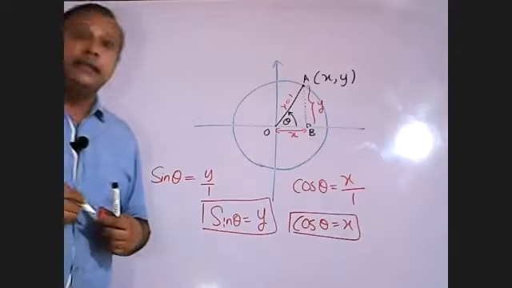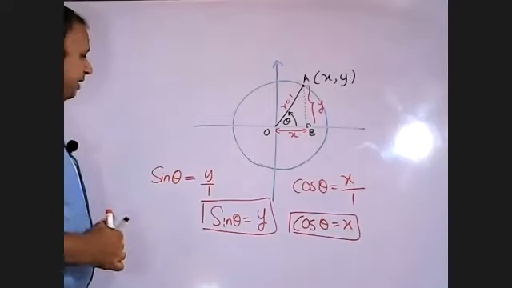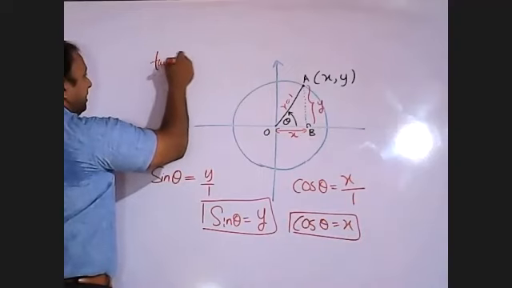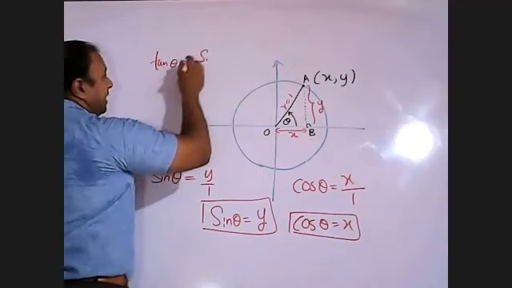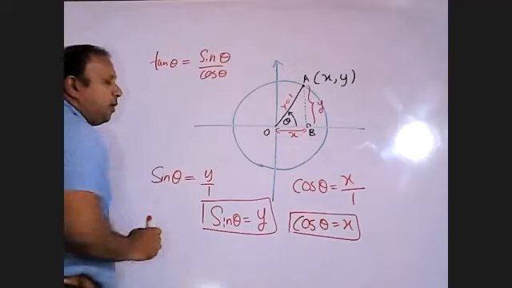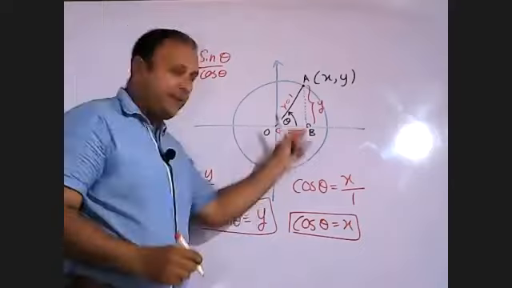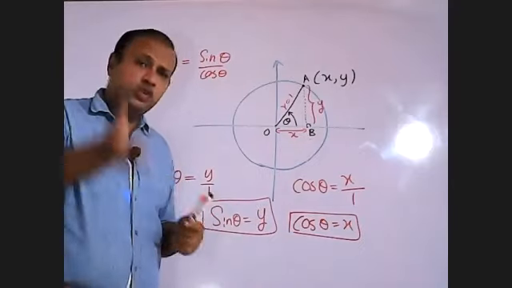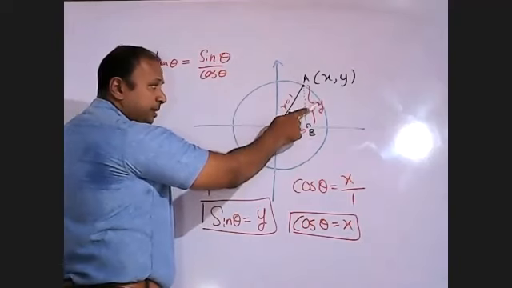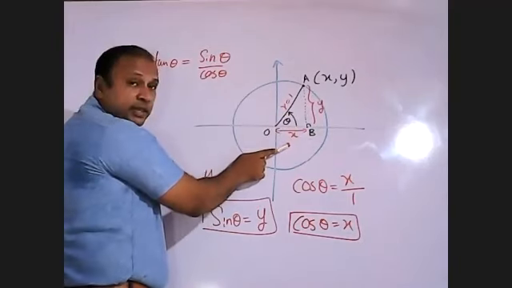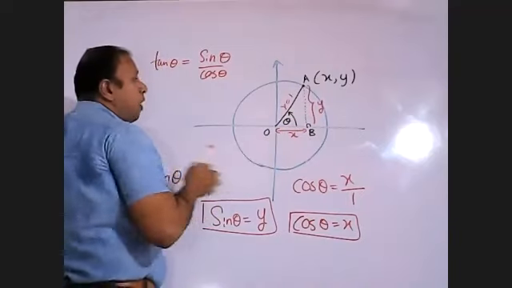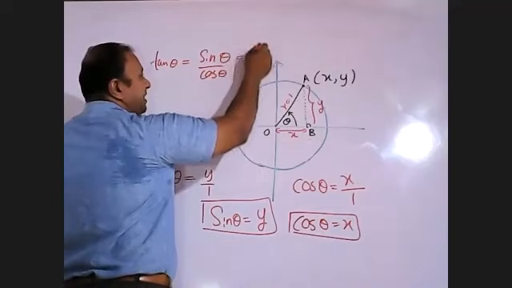Then we are defining tan theta. Tan theta is equal to sine theta over cos theta, or using the previous definition, tan theta is equal to opposite side over the adjacent side.